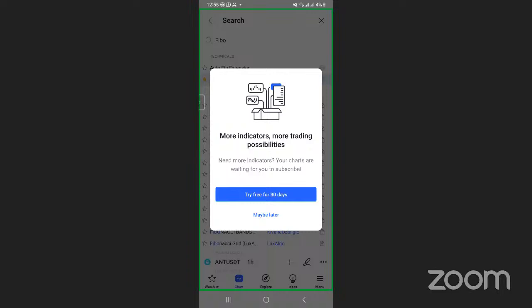More indicators, more trading possibility, need more indicators. Your chart awaiting you. Please subscribe, try it, free version, or maybe later. So they're asking you to pay money. You go to a paid version of TradingView. For our case, surely this free version is just good enough. Just need to learn how to use it. So in this case, I say maybe later.